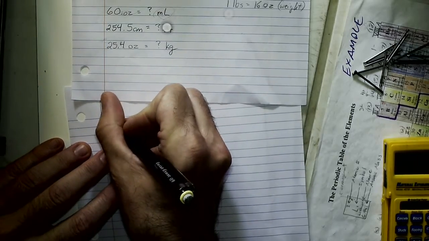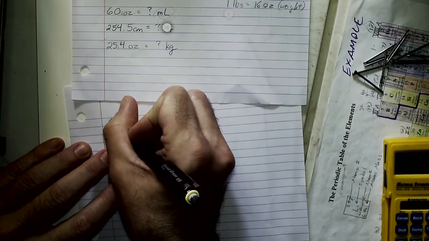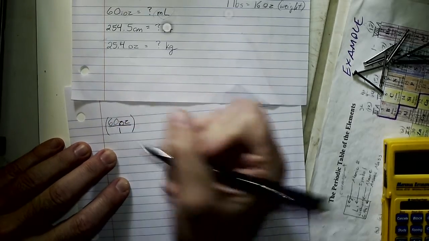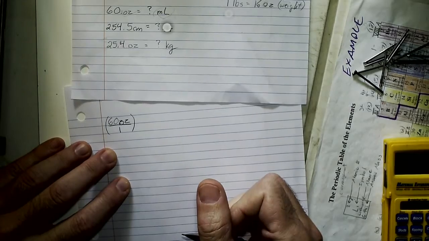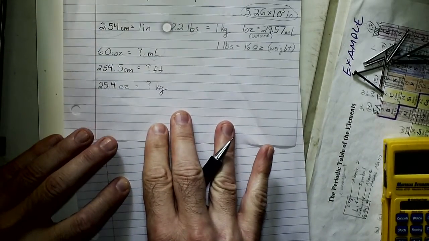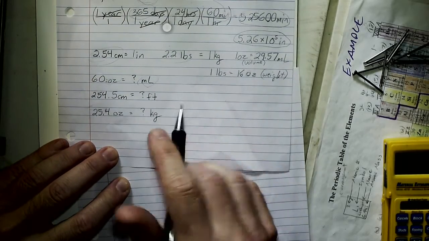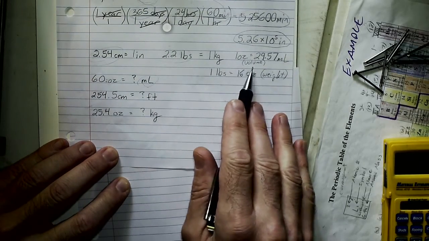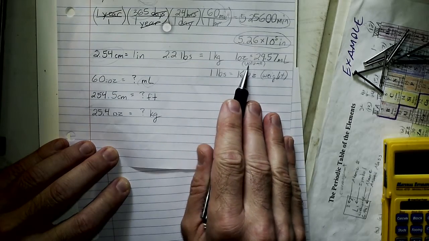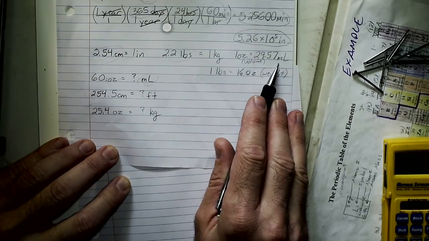So I've got 60 ounces. And I always put that over 1. Okay, that's what I start with. Now I need to get to milliliters, so I need to know the conversion unit for that. So, 1 ounce, volume ounce, is 29.57 milliliters.